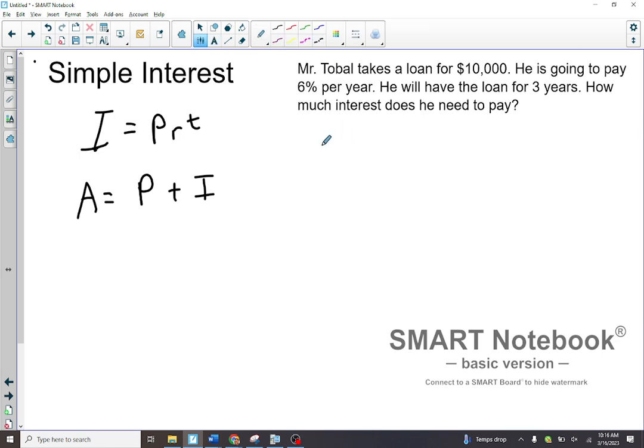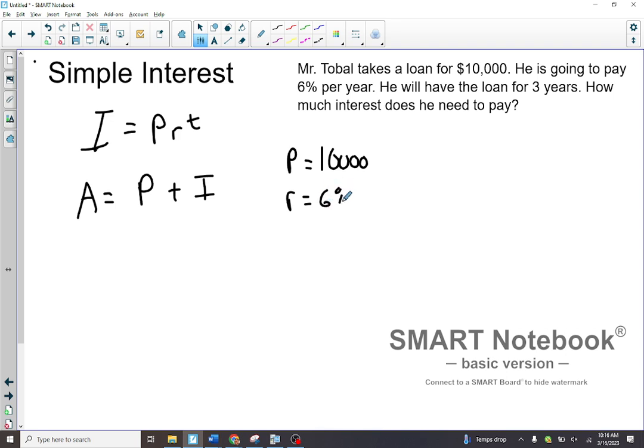So for this one, $10,000 is your principal amount because that's how much I'm taking. What happens when you're not doing simple? Let's say you're doing the amount. You have A, P, R, and T. I'll do that next, okay? R is going to be the rate.